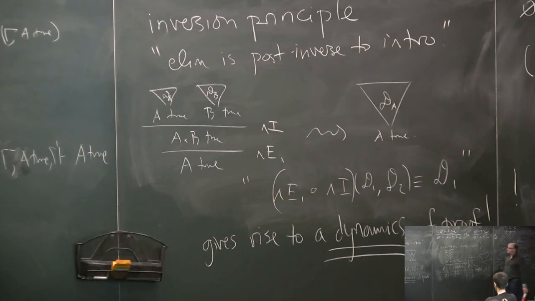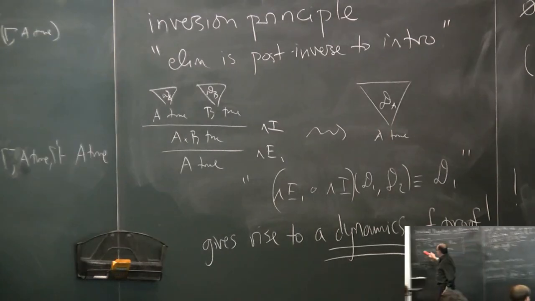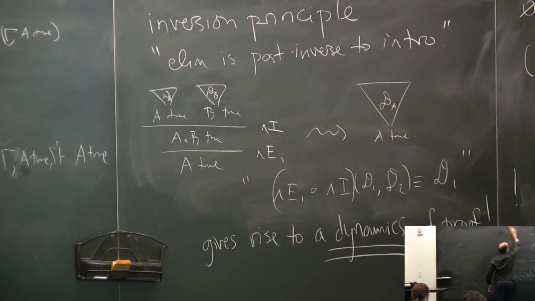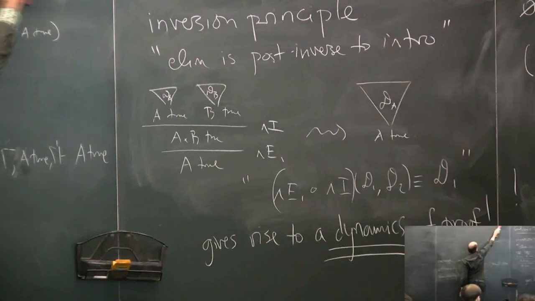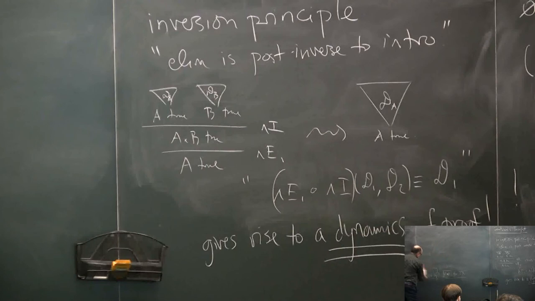Okay, that's the idea. So in order to do that, I've now broached the idea that proofs are mathematical objects that are worthy of study. That's what I really wanted to do by bringing all this up.